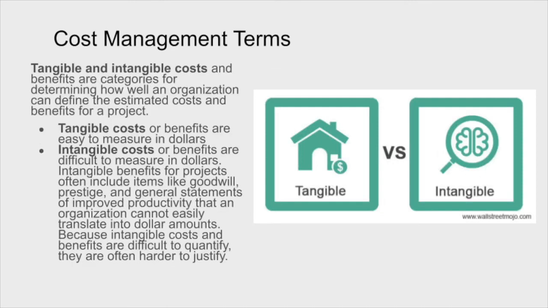Another important term is the concept of tangibility of cost. Tangible costs are costs that can be easily identified. You can easily put a price tag on something. So that car that you bought, $30,000, that's a tangible cost. Intangible costs, however, are costs that are very hard to measure. They could be costs or they could be benefits. But things like goodwill, prestige, improved productivity, it's hard to measure those.